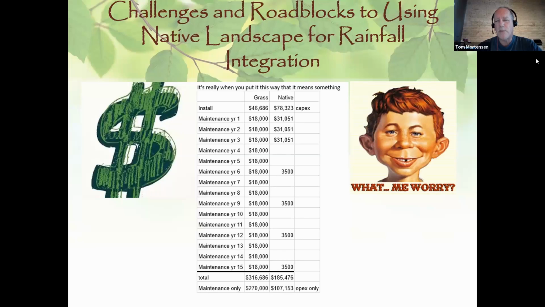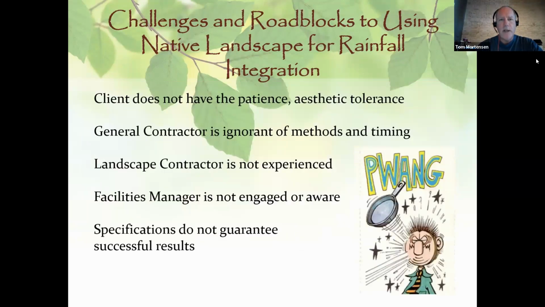Whereas if you implement native landscape, yes, there's a bigger upfront cost, but you'll see how the maintenance then goes down over years because it becomes a self-sustaining system. And so the numbers at the bottom were kind of an eye opener for everyone involved in this project. And obviously they went with the native landscape as their option.